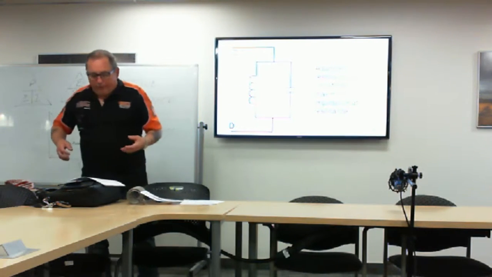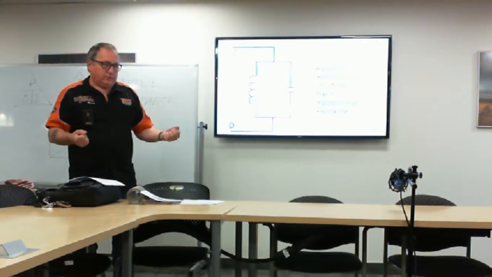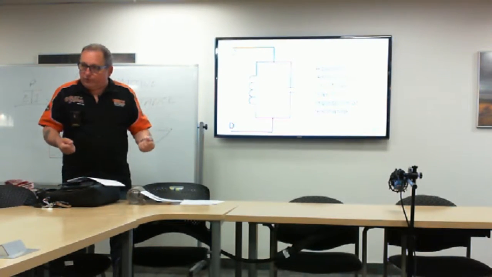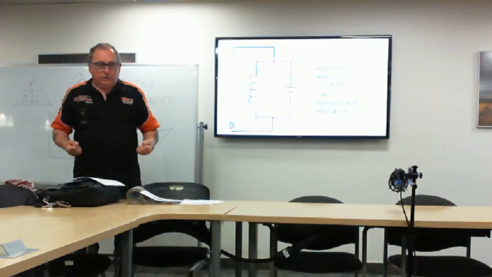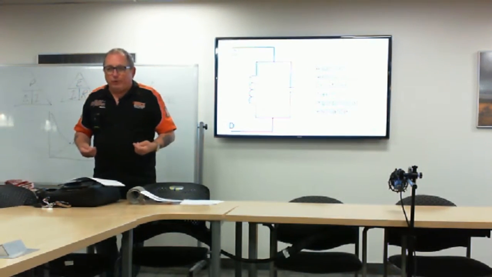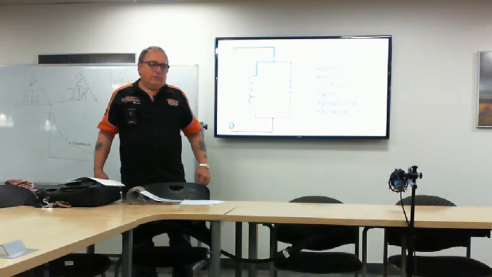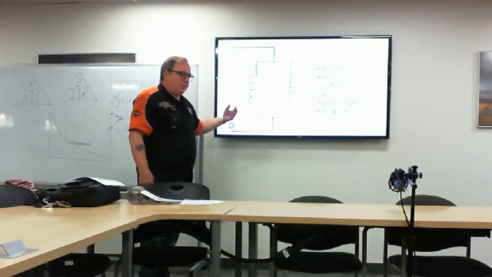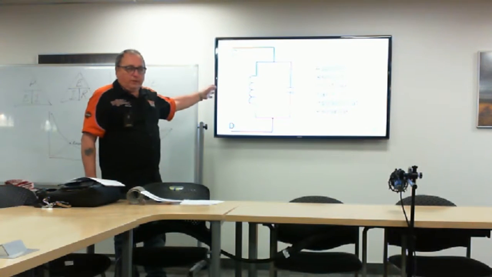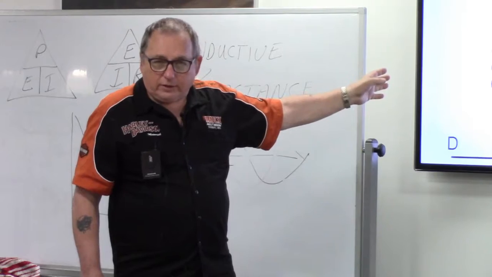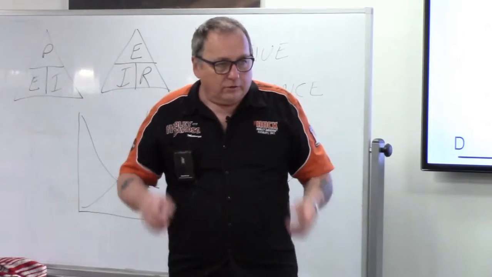But the whole point of this is to understand that we have inductors and we have capacitors. Inductors restrict the flow of AC, capacitors inhibit the flow of DC. But both are used in AC to create this filtering by using resonance, and the resonant frequency will be determined by the capacitive reactance and the inductive reactance when they are at the values that allow the signal to pass.